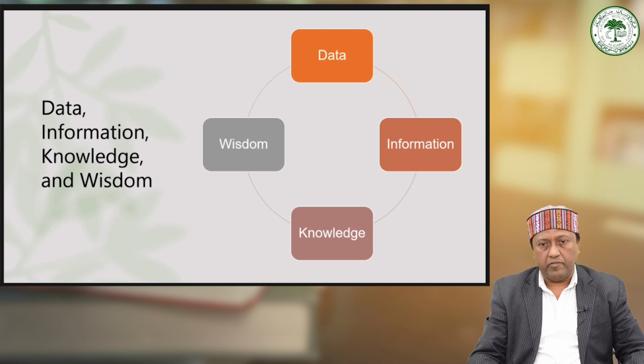This is a conceptual framework that illustrates the hierarchical relationship between data, information, knowledge, and wisdom. It represents the progression of understanding, the insight from raw facts to actionable wisdom.